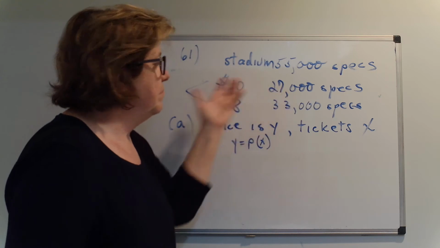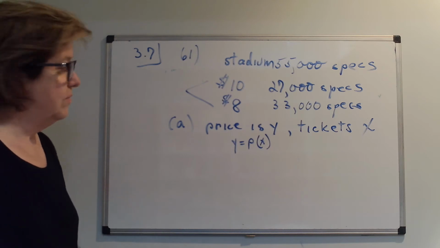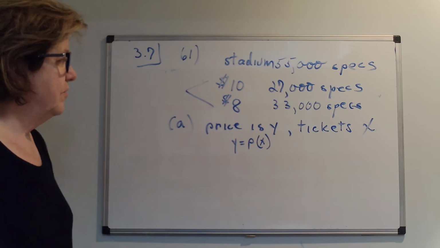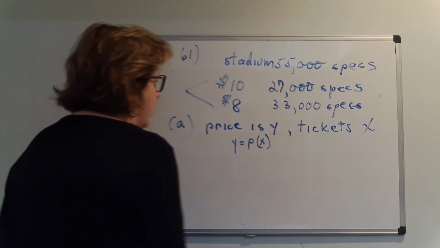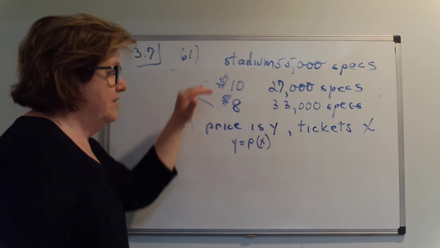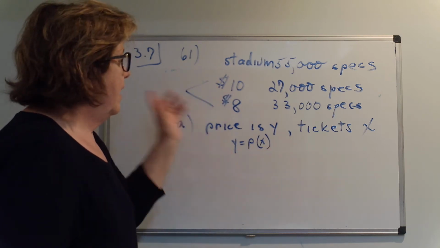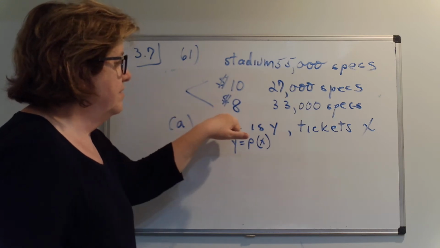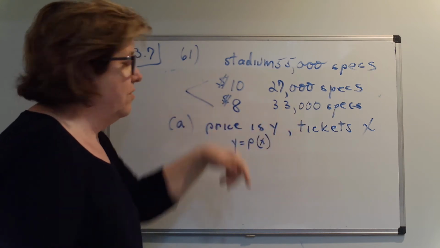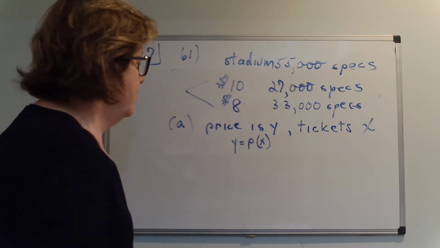That's what they mean by linear. So you can reason out the relationship between the price and the number of tickets sold, or you can do an algorithmic way and say, well, this is a line. The relationship between P and X is a line, my Y variable is the price, and my X variable is the number of tickets. So I can get the slope and put it in point slope form and get the answer. Or I could just reason it out.